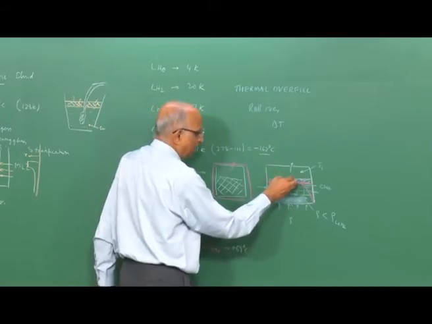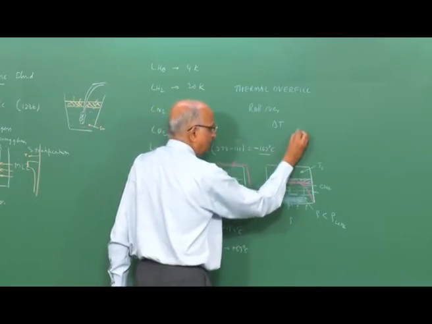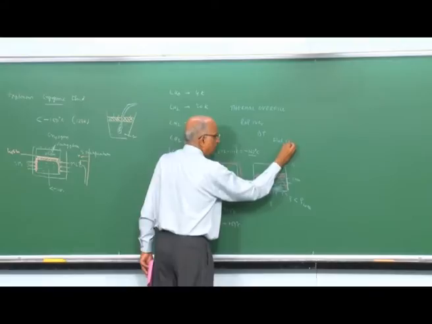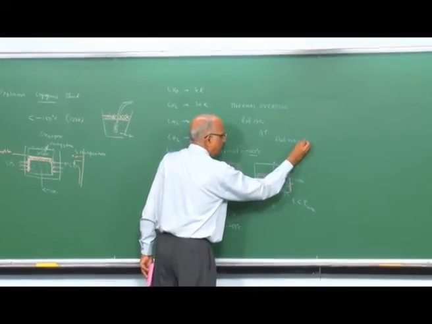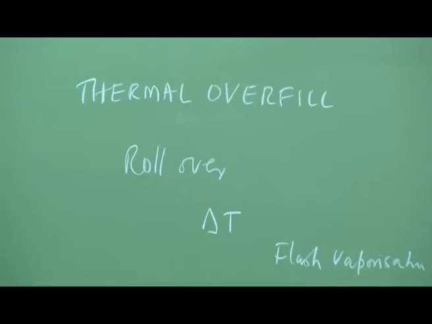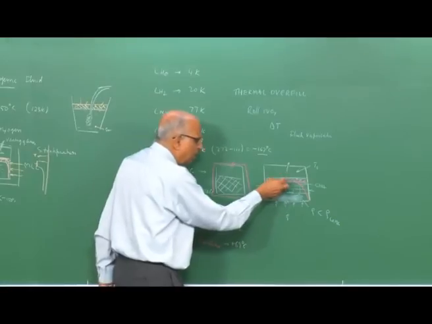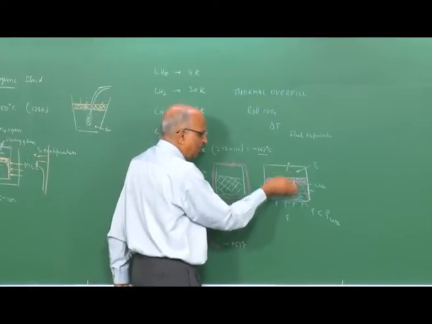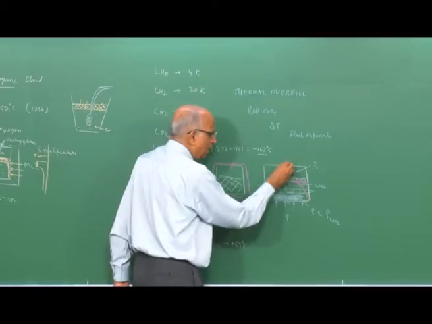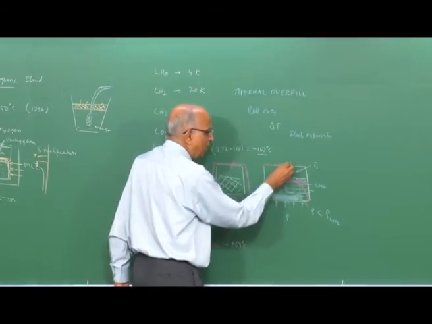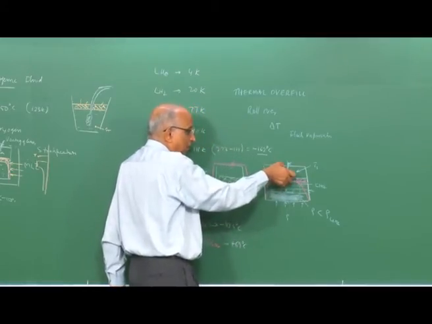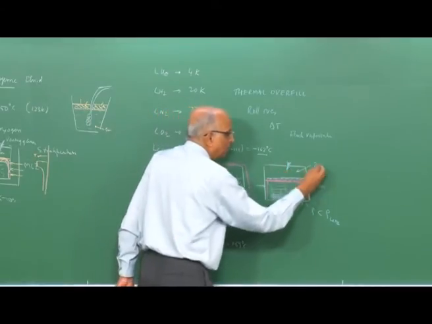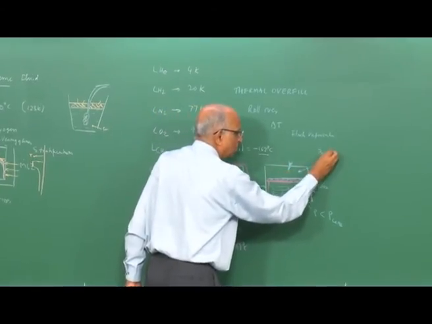Suddenly there is a spurt in formation of gas, something like a flash vaporization. And this flash vaporization, as we saw in the last class, generates so much gas that the vent hole is not sufficient to vent it away. With the result, the pressure increases rapidly and you have the burst of the storage vessel.